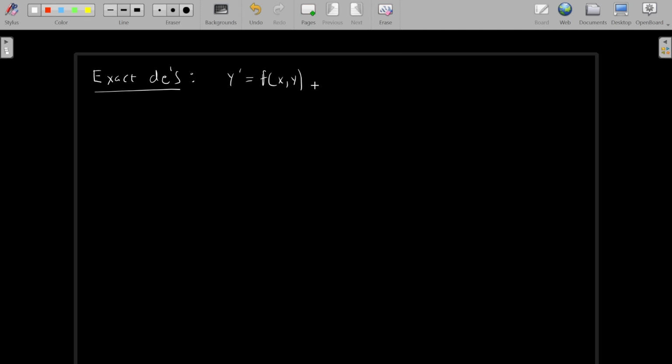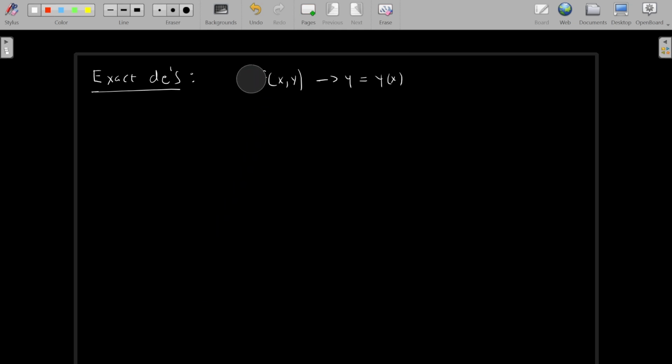Which was silently assuming a solution in the form of y as a function of x, with x being its only independent variable. But what if we generalize this and make an assumption?